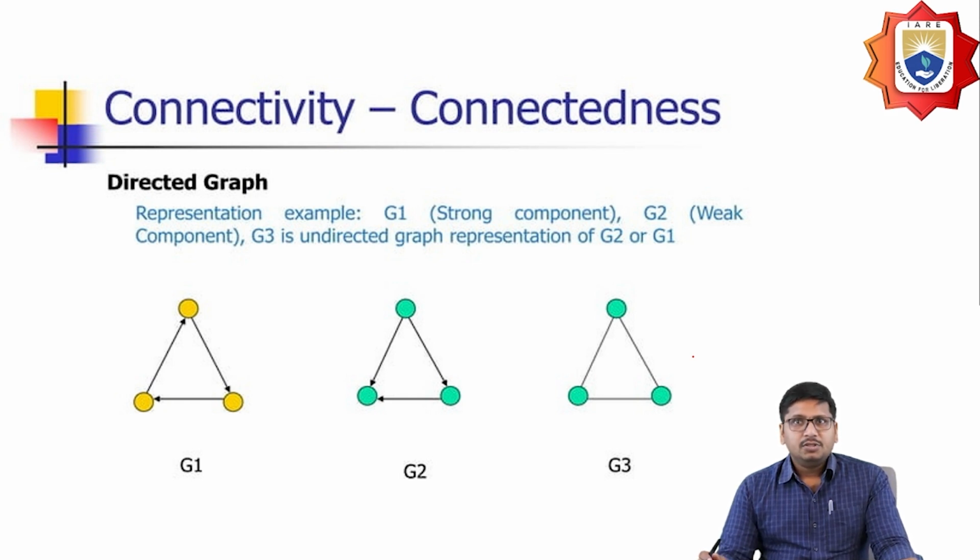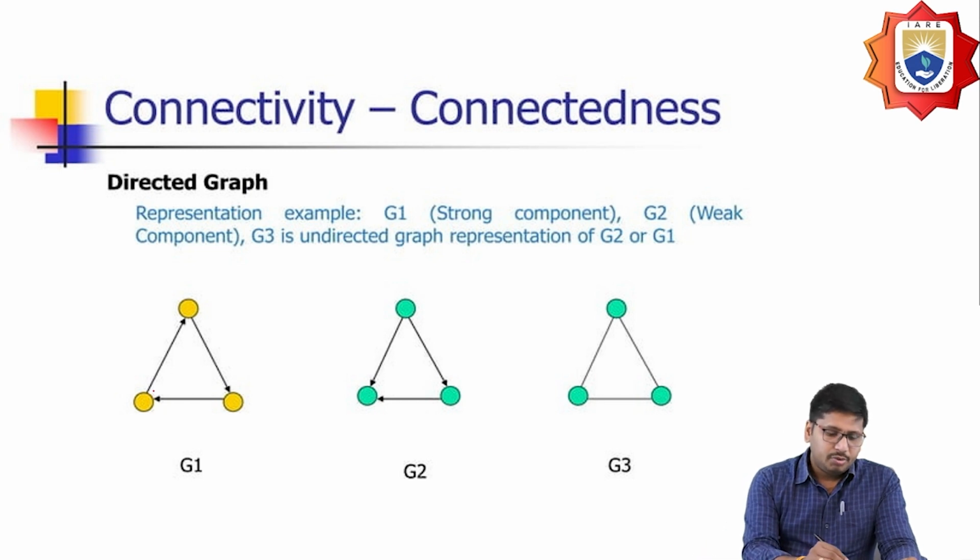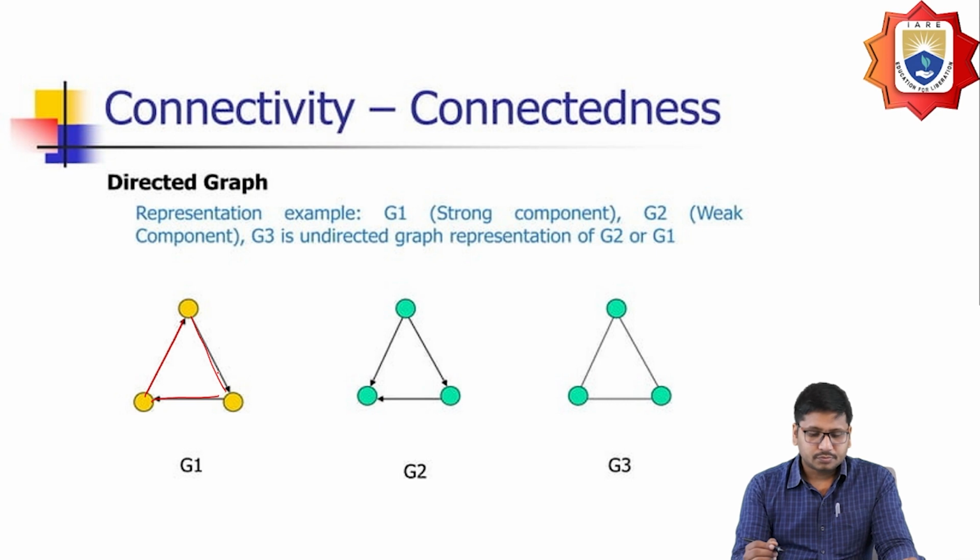Next, the directed graph examples: G1 is strongly connected because there exists a path between every pair of vertices, and G2 is weakly connected because it is not fully connected, because of the directions. And G3 is the undirected representation, so it is connected.